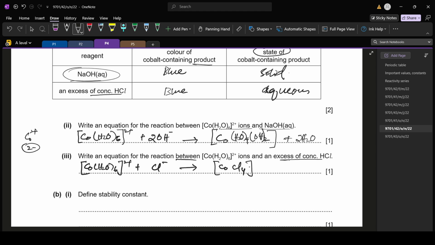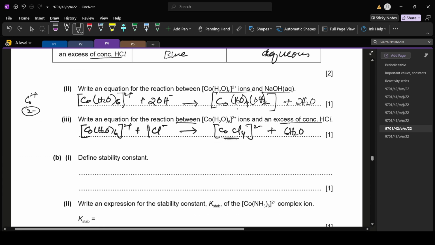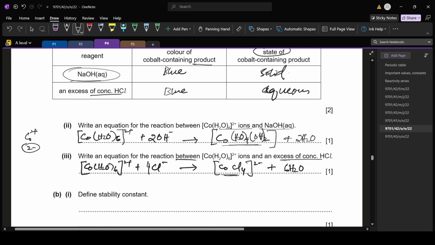This complex has a charge of 2 minus, because there are 4 chloride ions and each chloride ion has a charge of 1 minus, and the charge on cobalt is 2 plus. And you have 6 moles of water. So these are your two complexes. This complex has a color of blue, and this complex also has a color of blue, but this is a blue solid and this is a blue solution.